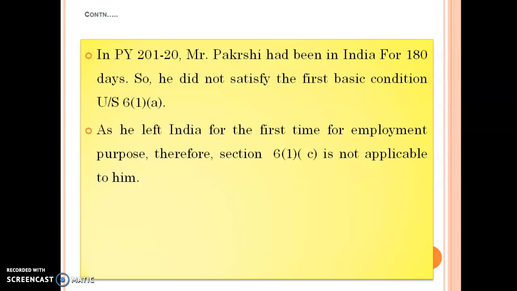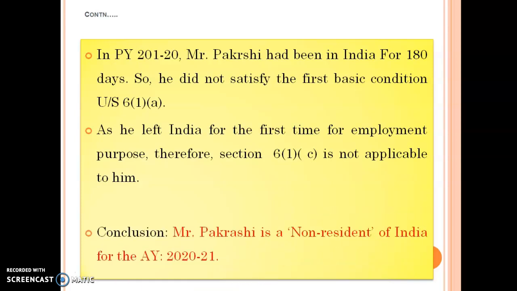So to be a resident in India, he had to stay in India for at least 182 days, and that he doesn't fulfill. So we can conclude that Mr. Pakrasi is not a resident of India. He is a non-resident of India for the assessment year 2020-21 related to the previous year 2019-20.